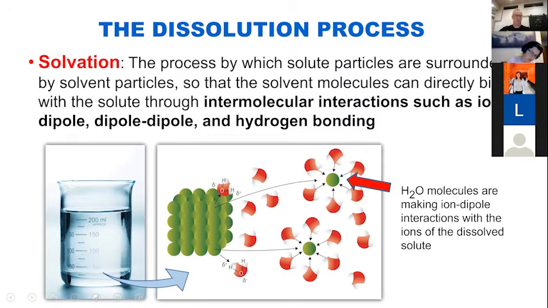So I'm going to sort of speed this up because solvation, we sort of talked about it a little bit. That is the process where ions, or whatever the solute is, get surrounded by water molecules, and it makes interactions. The water makes interactions with the solute, and so it's either going to be ion dipole, dipole dipole, hydrogen bonding, whatever it is.